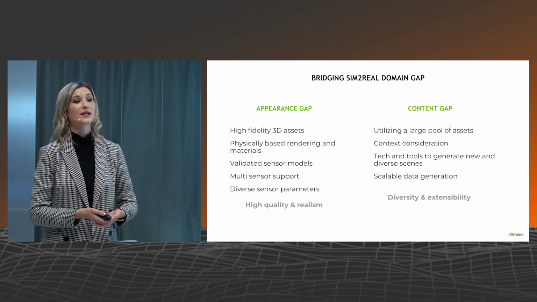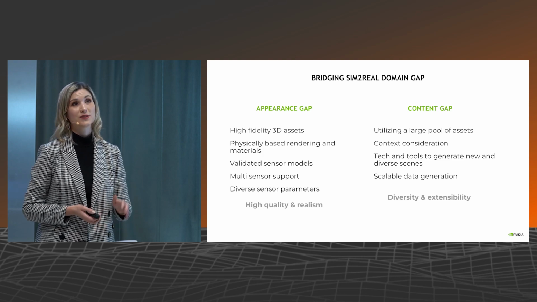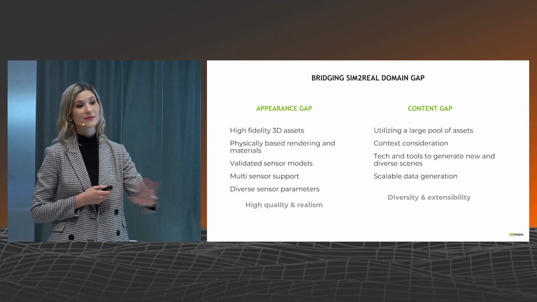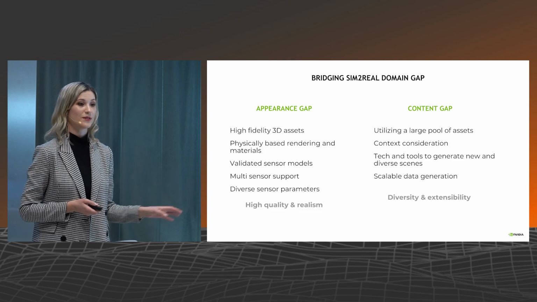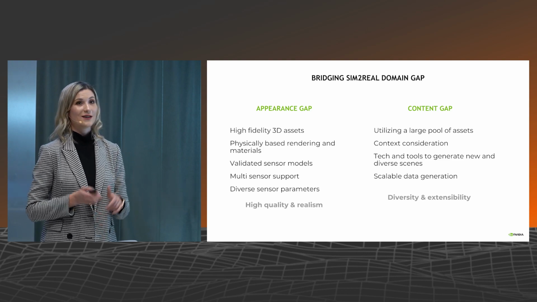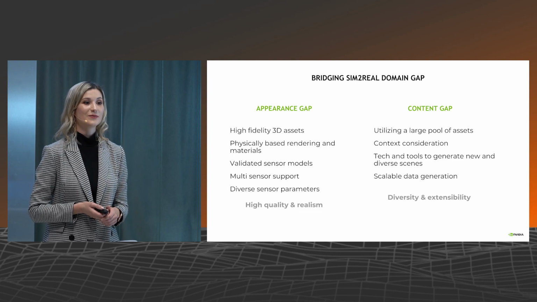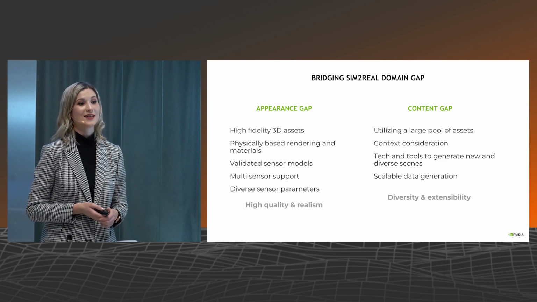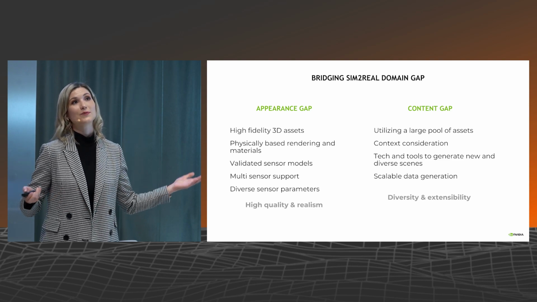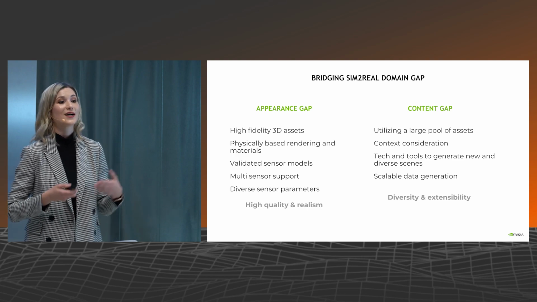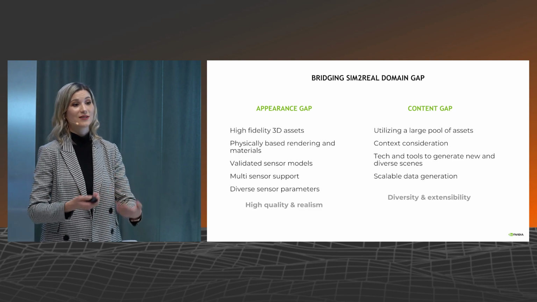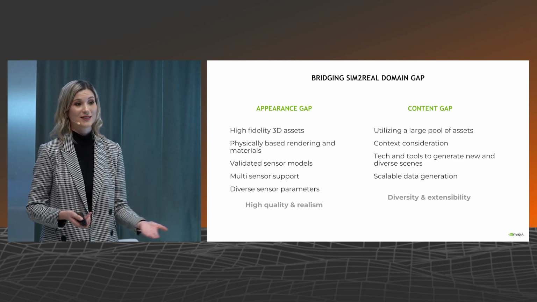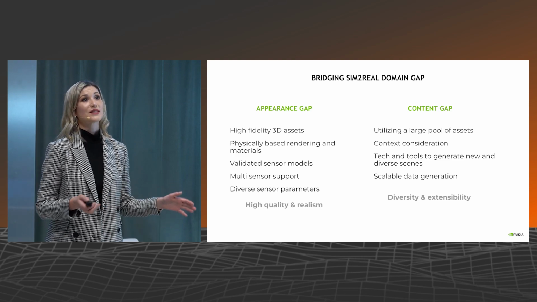As for the content gap, we need to be cautious of the following. So we need to utilize a large pool of assets. So we need to ensure that the assets you use are as diverse as possible. Consider the context. This is self-explanatory. Well, the best way to do it is to have tech and tools to generate new and diverse scenes in place. And it has to be scalable.